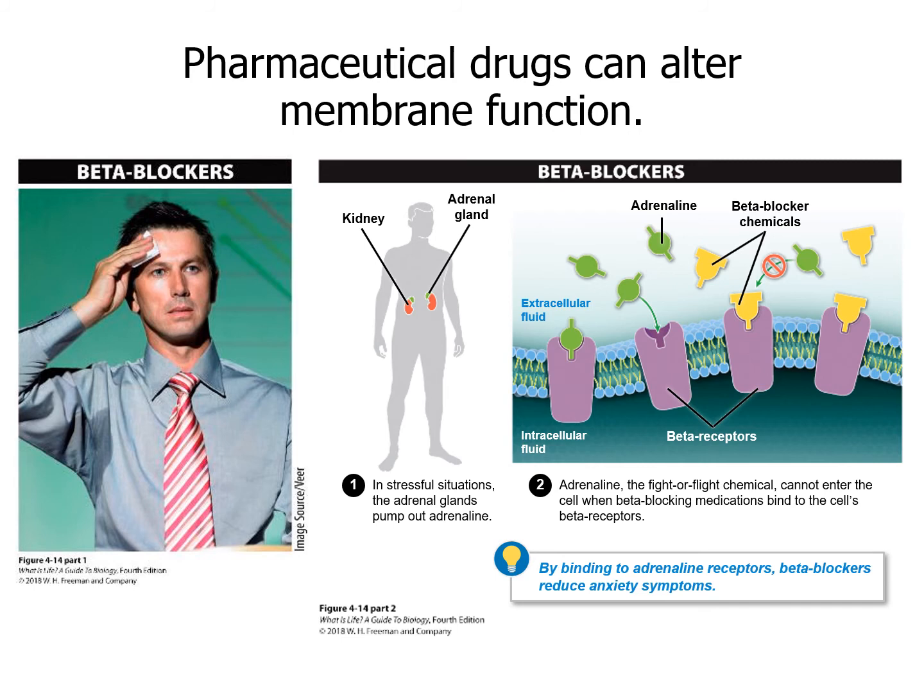Contrary to that type of thing, pharmaceutical drugs can also alter your membrane function. An example that we're showing you here is beta blockers. In stressful situations, the adrenal glands will pump out adrenaline, which is a hormone that is essentially your fight or flight chemical.